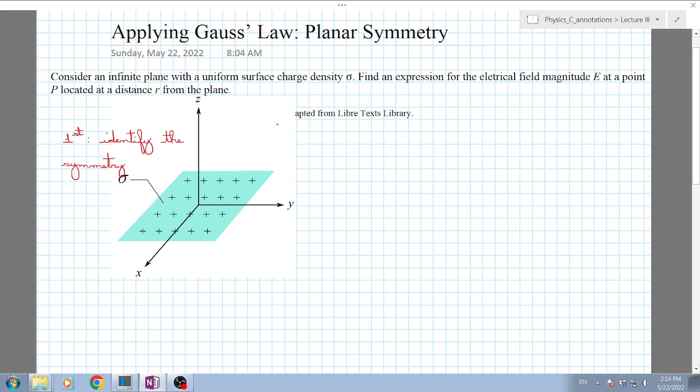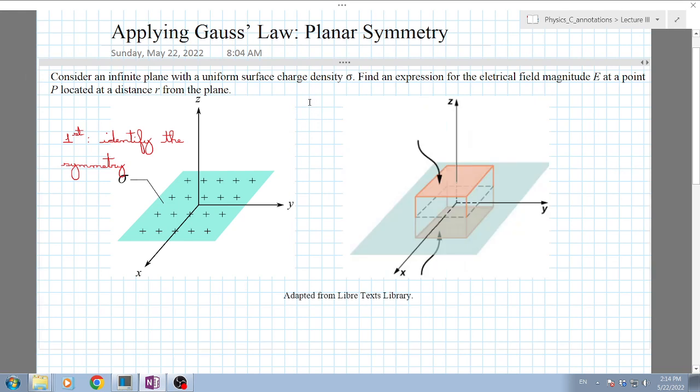And the next step, of course, after you identify the symmetry, is to choose the Gaussian surface.